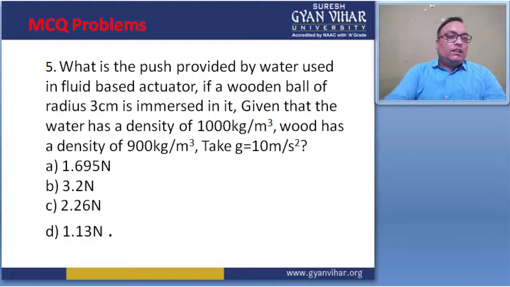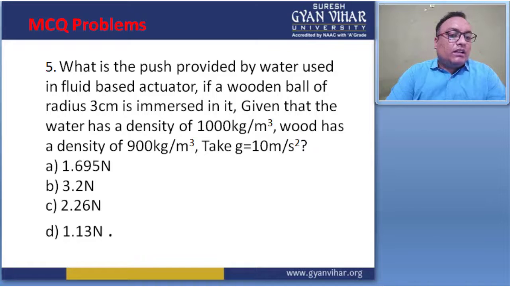this is a numerical problem. So what is the push provided by this? Here 3 cm is given, given water has a density of 1000 kg per meter cube, and wood has a density of 900 kg per meter cube, and take G equal to 10 meter per second square.